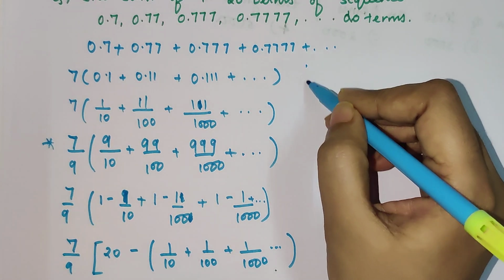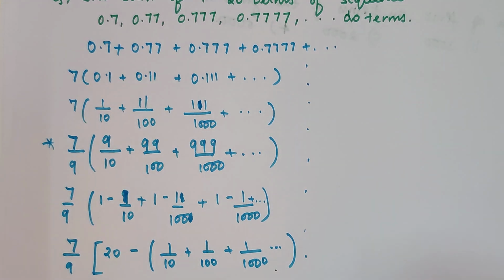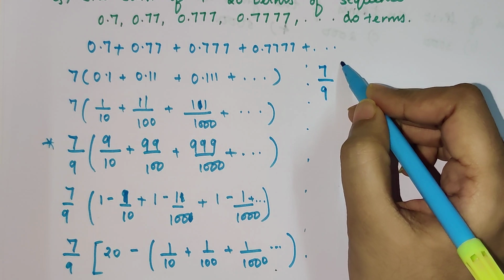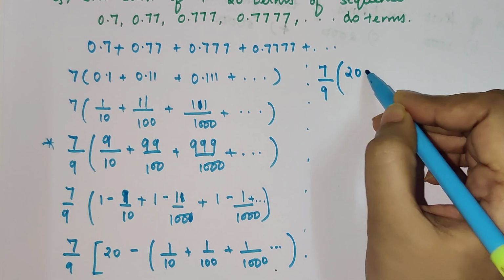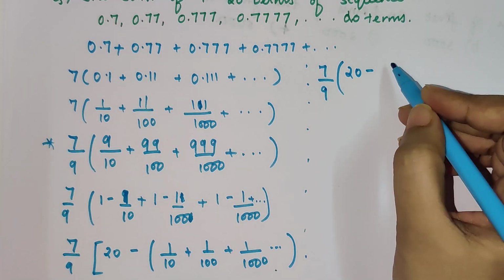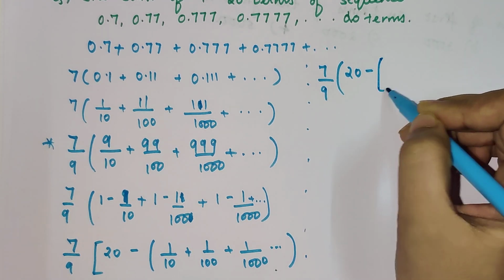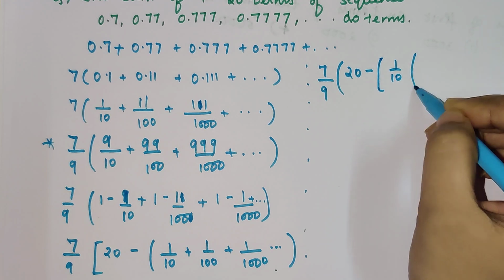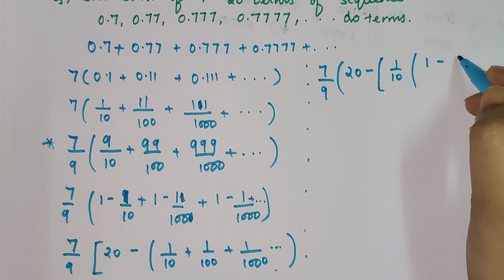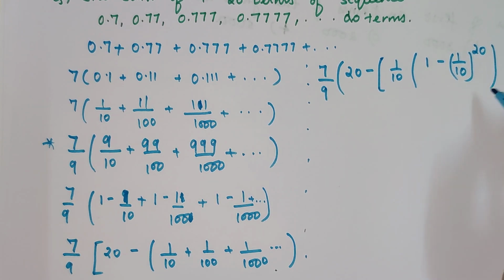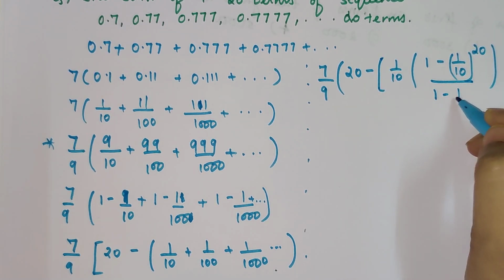Now very quickly, let's use the formula of sum of numbers in a geometric progression. Here what would that be is nothing but 1 upon 10 into 1 minus, what is your ratio? 1 upon 10, the whole raised to how many terms? 20 terms, upon 1 minus 1 upon 10.